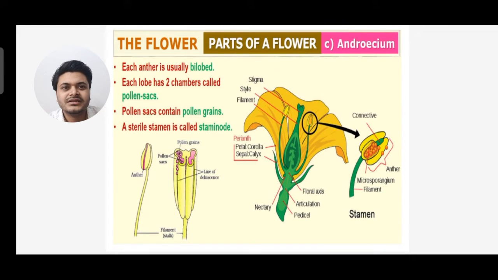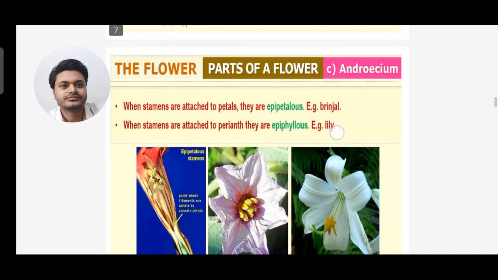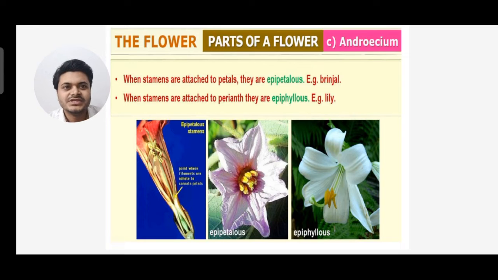Each anther is usually bilobed, and each lobe has two chambers called pollen sacs. The pollen sac contains pollen grains. A sterile stamen is called a staminode. When stamens are attached to petals, they are called epipetalous, and when stamens are attached to the perianth, they are called epiphyllous.